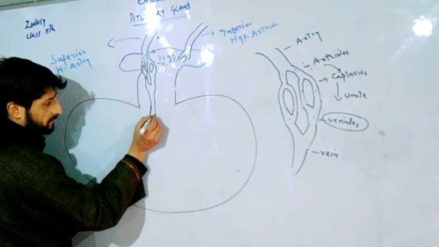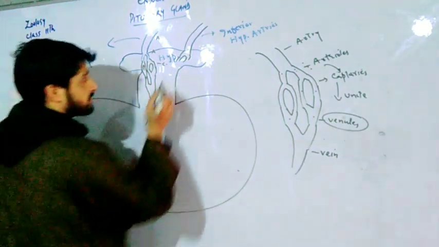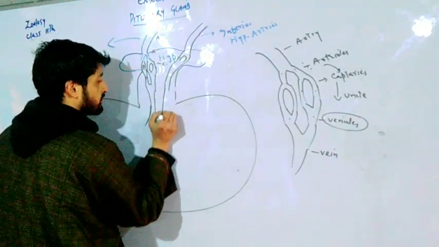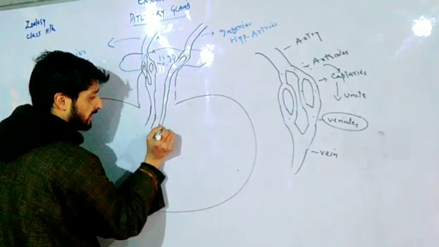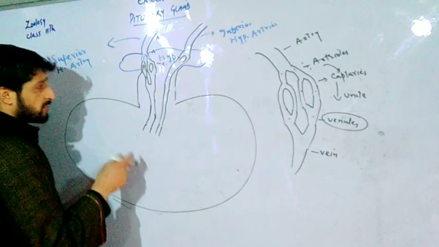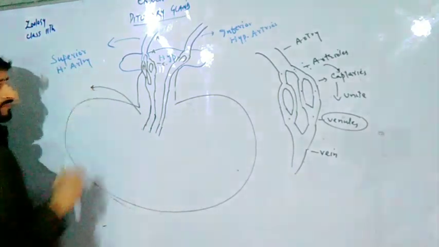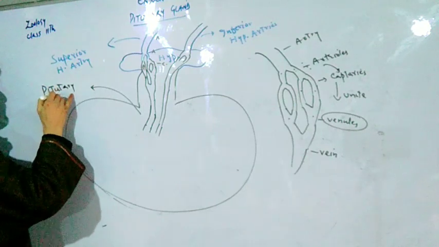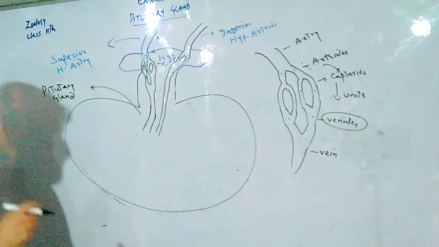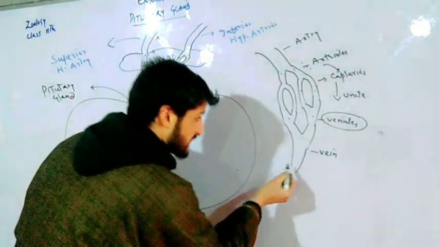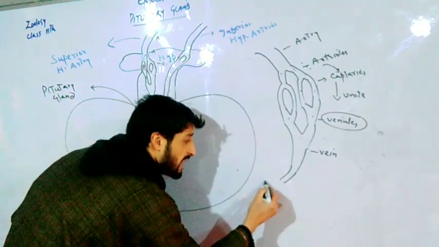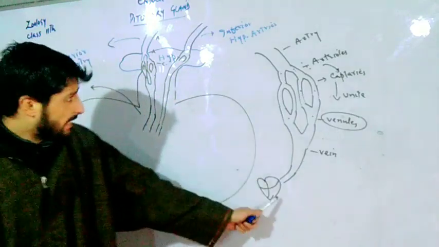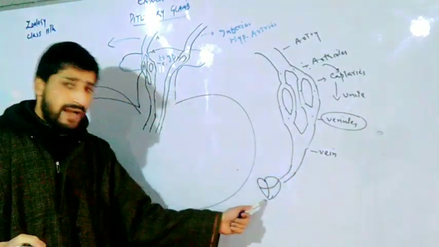So these veins then enter into the pituitary gland. What actually happens is that a vein takes the blood back to the heart.